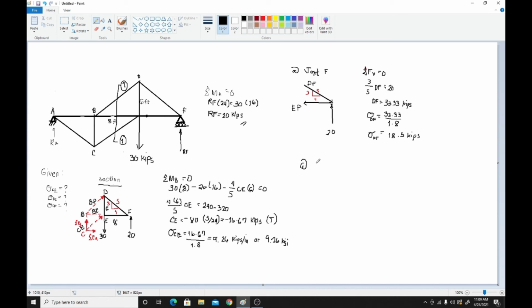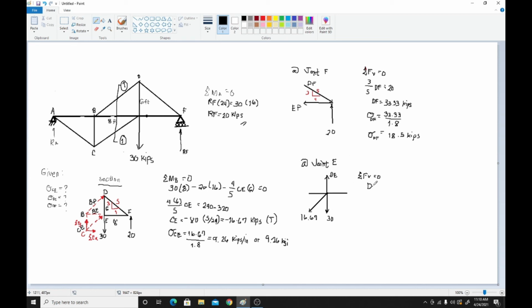Next, we need to consider joint E to get the value of DE. At this free body diagram, let's assume that member CE is in tension, which is equal to 16.67, and tension for member DE. Therefore, the summation of forces vertical is equal to 0.